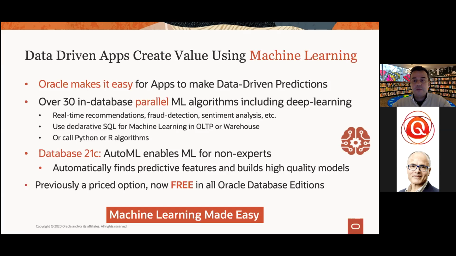The database will run the algorithm for you, will choose the best algorithm. It will improve the parameters on the algorithm configuration, and will give you directly the predictions based on the data you have inside the database.